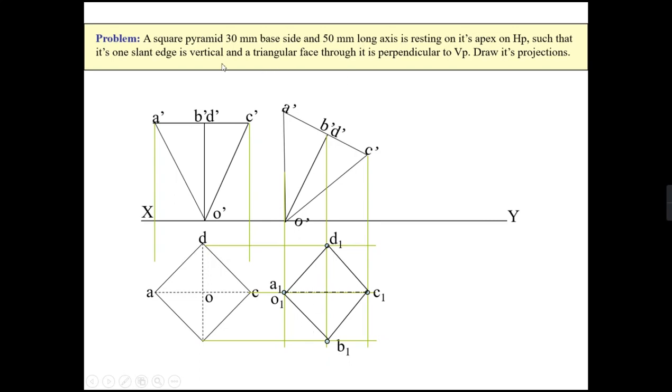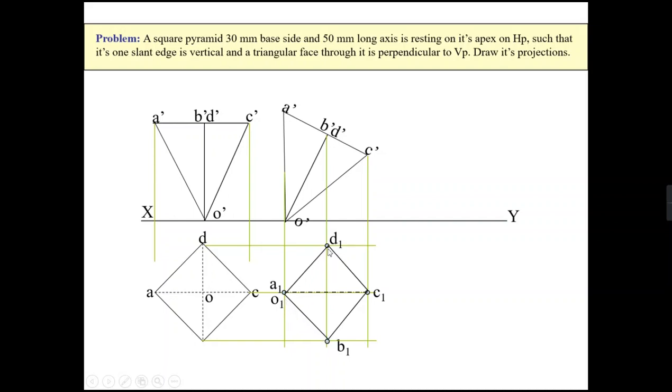Now we have to make a triangular face through it. Means for this slant edge, there are two triangular faces like OAB or OAD, right? So either of the triangular faces we have to make perpendicular to the vertical plane, so that we will see in the top view this is your OAD and this is your OAB.